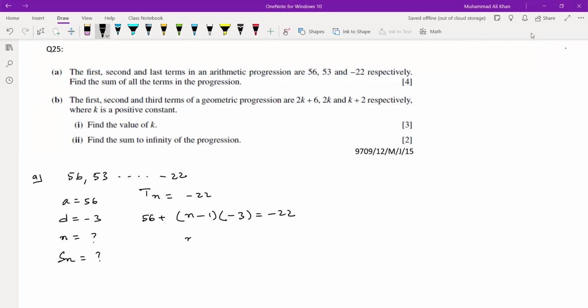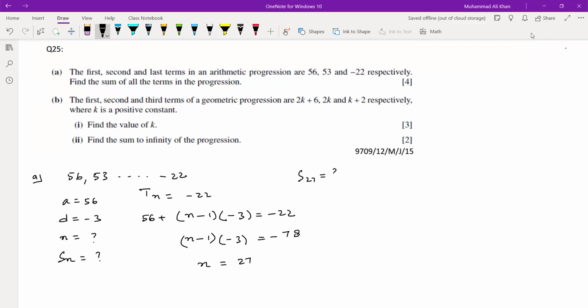So what is the value of n according to this? Yes, -22 minus 56 is -78. So what is the value of n? 78 divided by 3 is 26, plus 1 is 27. N कितना आ गया? 27 आ गया. And after that S27 आपने कैलकुलेट करना है.